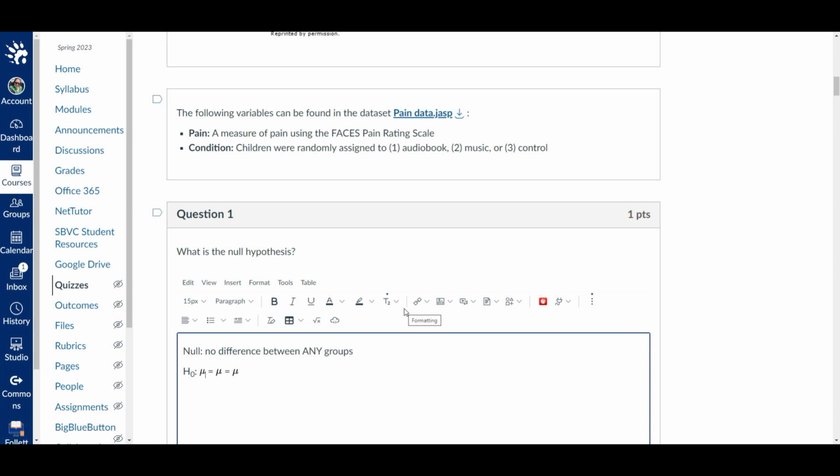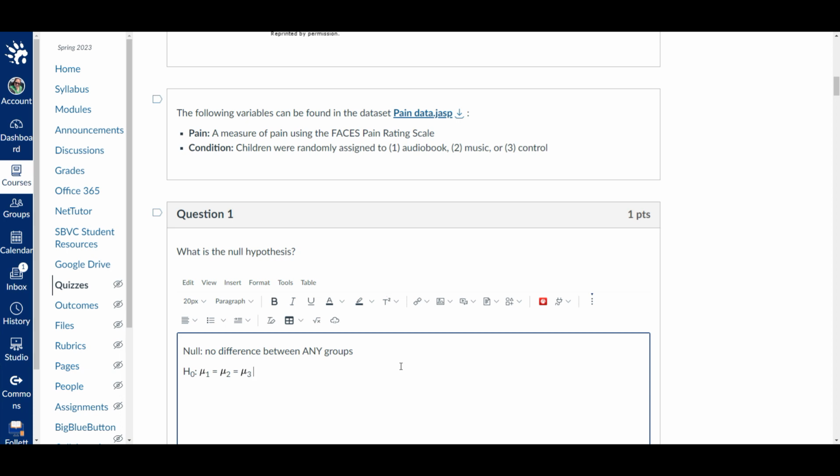So here I'll go ahead and say that the mean of group 1, we expect under the null hypothesis, we assume that that mean is no different from the mean of the second group, which is no different from the mean of the third group.